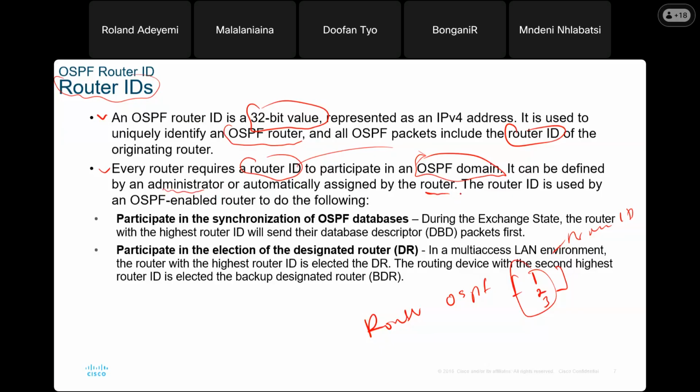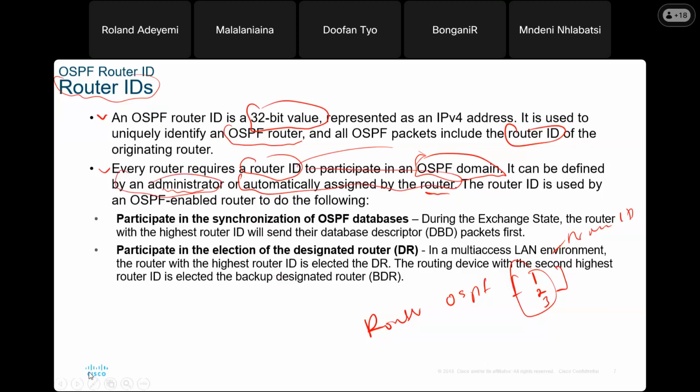We're going to see. First, we will allow the router to automatically assign, then we're going to override it by putting our own.